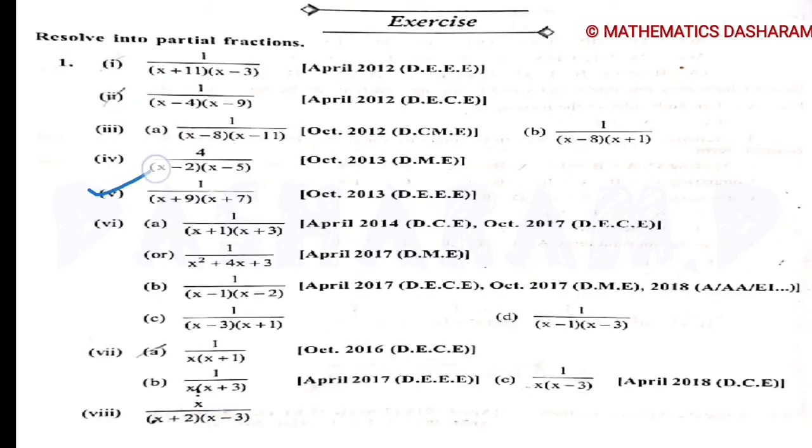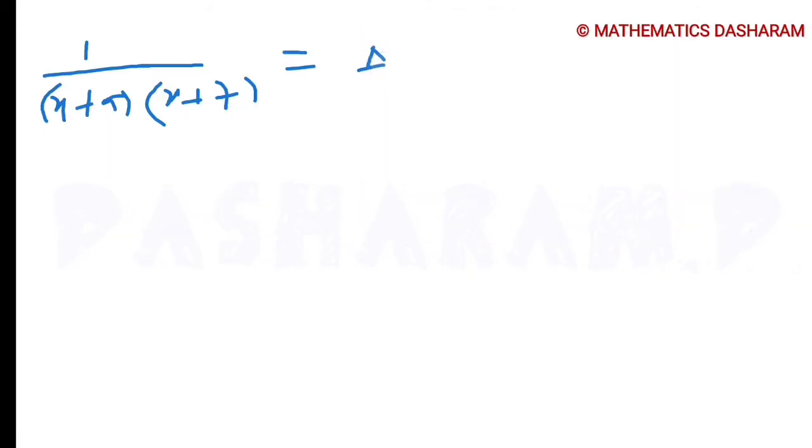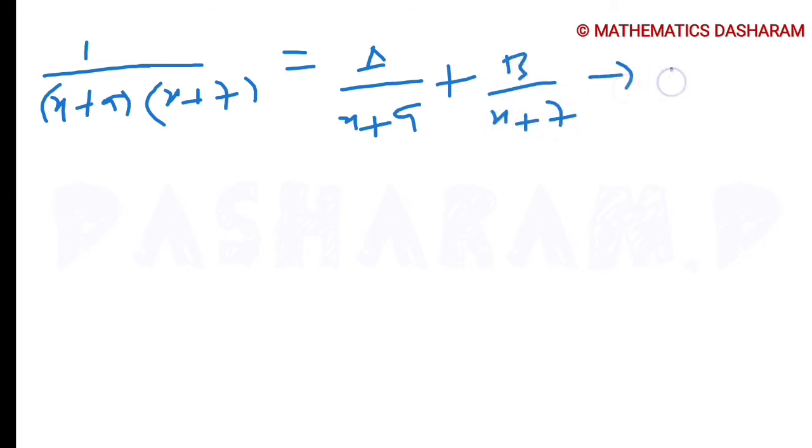So next, the fifth question: 1 by x plus 9 into x plus 7. So here also the denominator has non-repeated linear factors. So a divided by x plus 9 plus b divided by x plus 7, equation 1. Here a and b both are constant numbers.